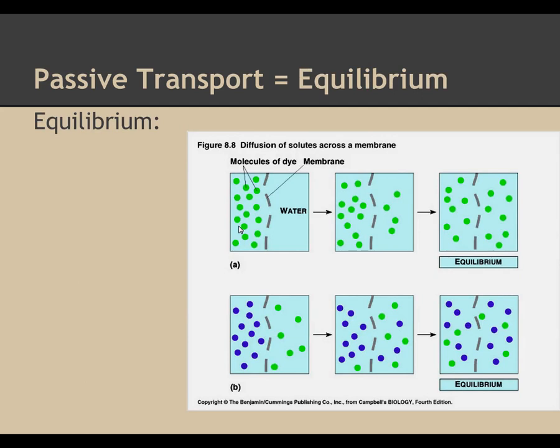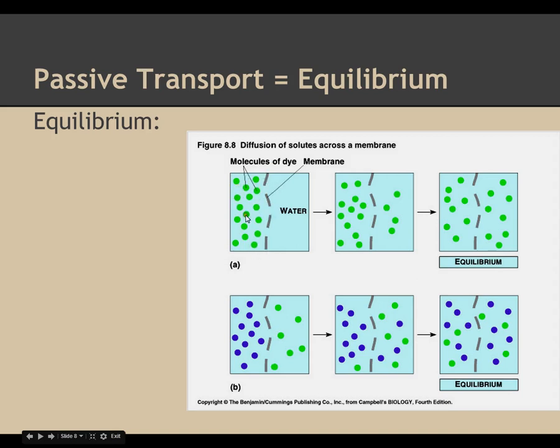One thing to know about an equilibrium is, so here's a simulated membrane. Okay, and a simulated membrane has holes in it so that things can pass through. We know that our cell membranes are much more complicated than that. So they have water and they put a porous membrane, or a membrane with holes in it, in the water, and they add some dye.